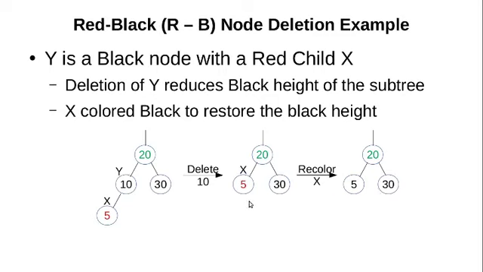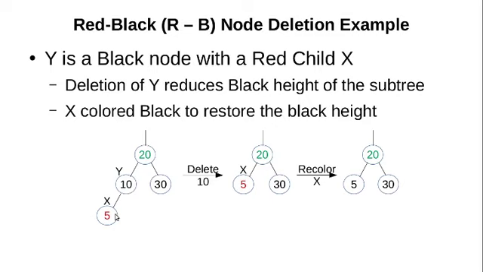Consider the example tree on the left, in which the deletion of node 10 is intended. We call it node Y. Node 10 is a black node and it has a red child, that is node 5.